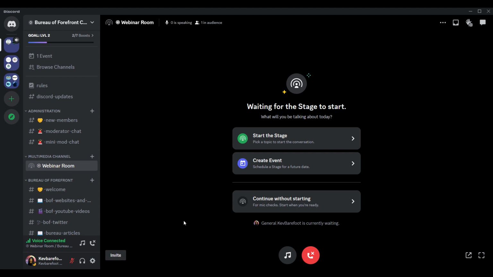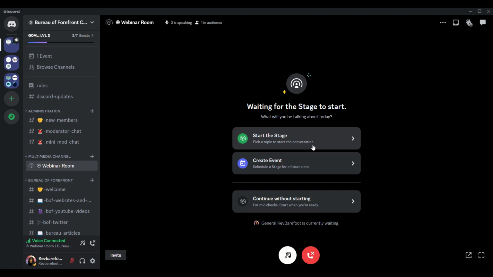But what they will be hearing is music, and they'll just hear that while you're setting up your webcam, your audio, your mic, making sure your moderators are in the room and ready for going live.